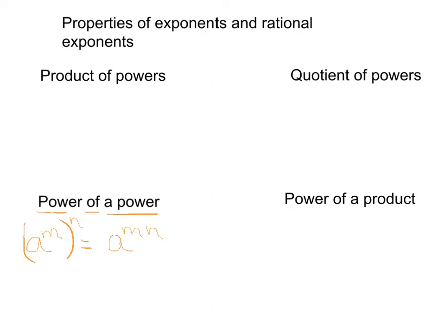And for example, if we have y to the 4th power, all raised to a power of 3/8, that would give you y to the 4 over 1 times 3 over 8, which equals y to a power of 12 over 8.